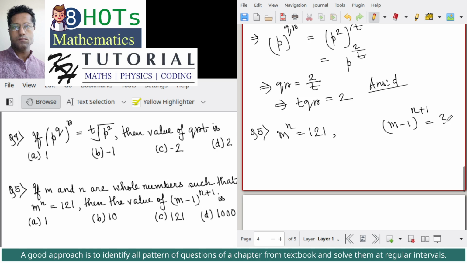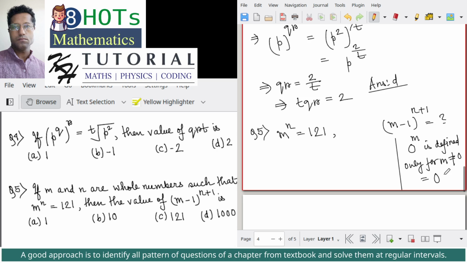If the base is 0, one important concept is that 0 to the power m, where m is some rational number, it could be integers or fractions or decimals, is defined only for m not equal to 0, and in that case it will be equal to 0.